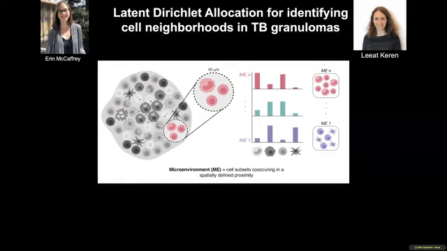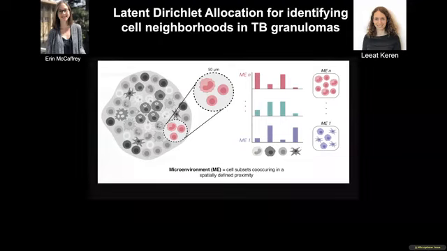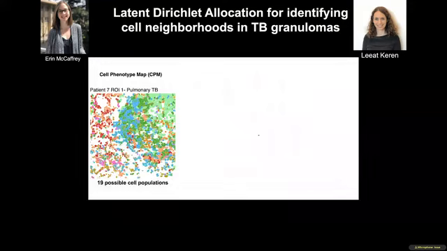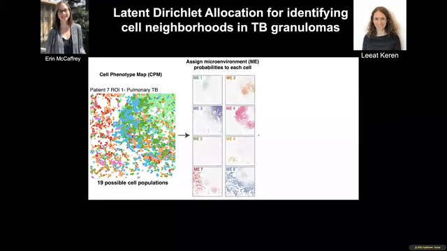To give you an example, starting here on the left, this is what we call our cell phenotype map. All the cells are colored by what cell population they belong to. If we run that through spatial LDA, every single cell in the image gets assigned a probability that it belongs to a different microenvironment. In this case, we identified 8 microenvironments in TB granuloma.